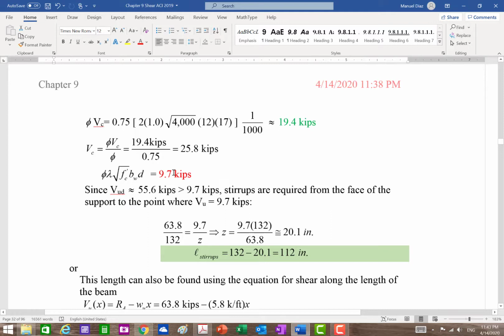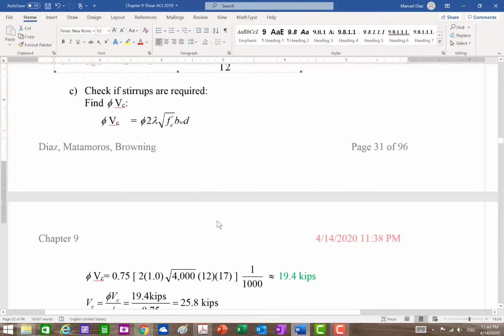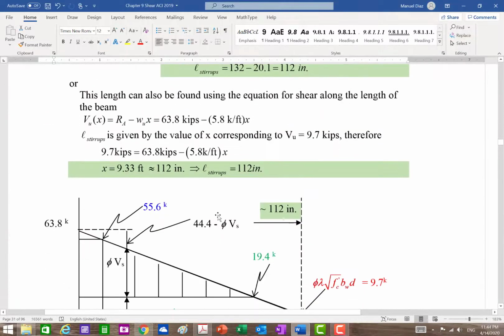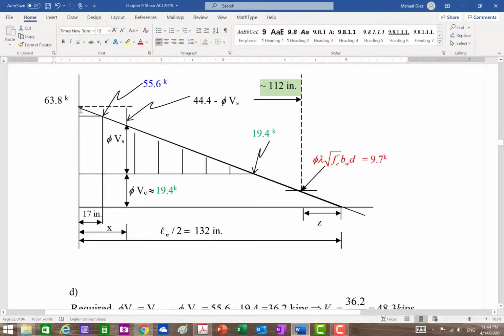Okay. Now how far do we need the stirrups? We can use proportions to find that. Right? I show you that. So what we can do is in the proportions we can do 63.8, right, is proportional to 132. So that's the big triangle here, right?